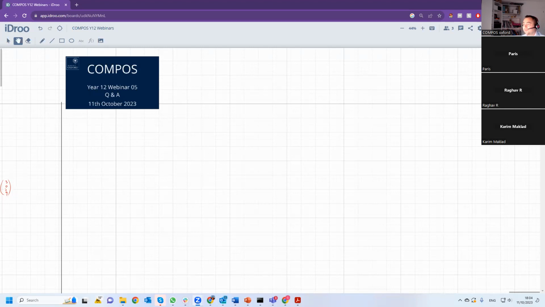So the question: for a large portion of the maths assignment, I used a calculator to simplify large expressions. Is this okay? Does COMPOS expect me to do it all non-calculator?